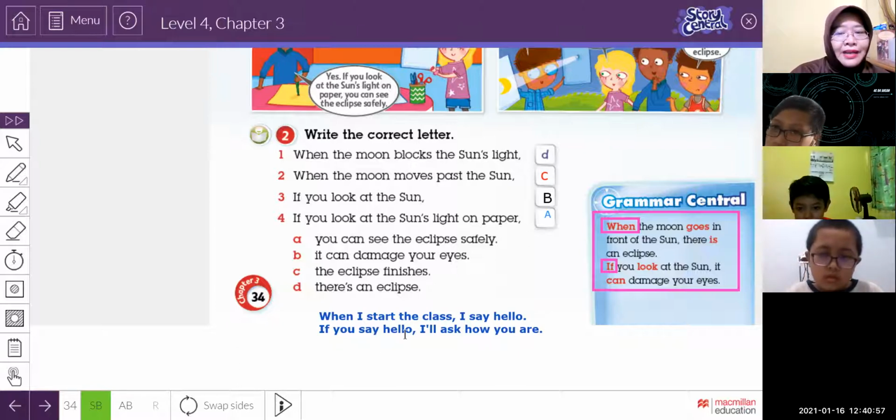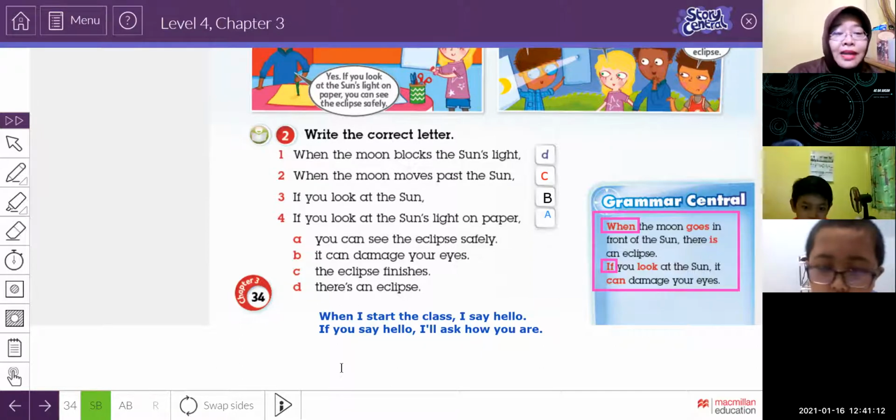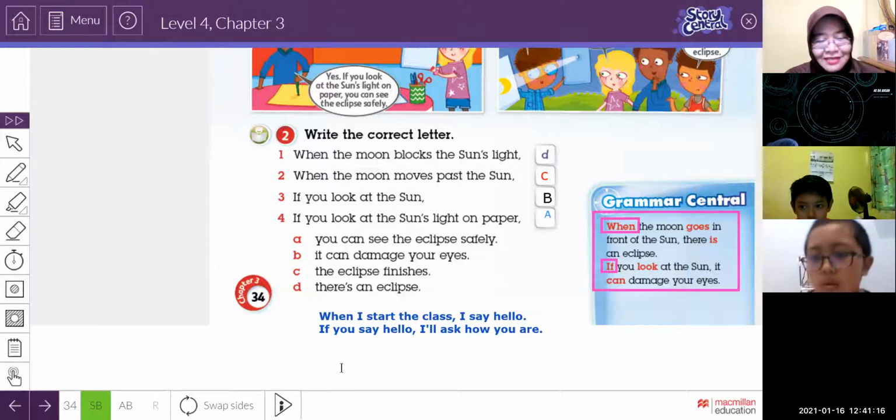Jika kalian bilang hello, Miss Tati tanya kabarnya. Okay? So, if is used when a thing is happening or not happening. If digunakan jika suatu kejadian bisa saja terjadi atau tidak. Okay? That's the difference.